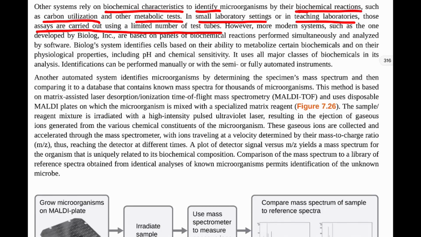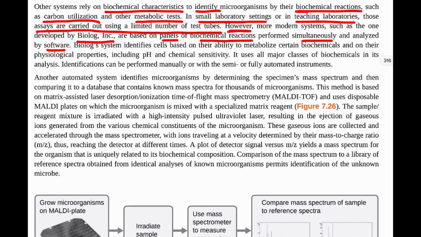However, more modern systems, such as those from Biolog Inc., make these huge machines that can go through this process in much greater number and much faster than using individual test tubes. They're based on panels of biochemical reactions, all performed simultaneously and then analyzed by specific software.